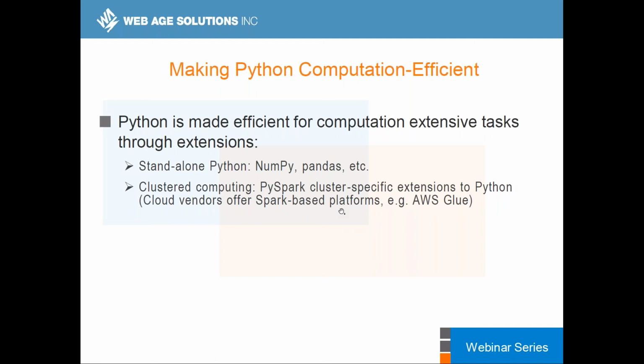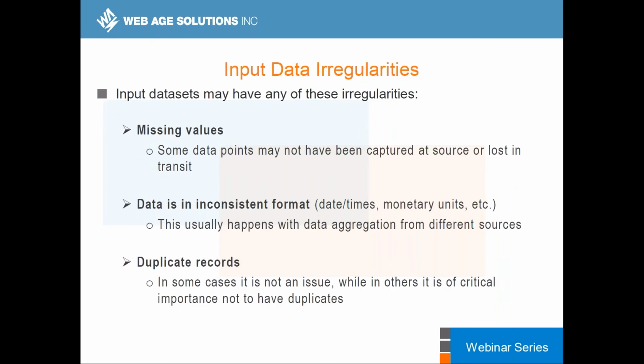They provided very tight integration with S3 and other services, and they give you Zeppelin notebooks or SageMaker notebooks where you can develop your programs as if it were just your regular standalone Python application. And that's where I guess things are moving overall.